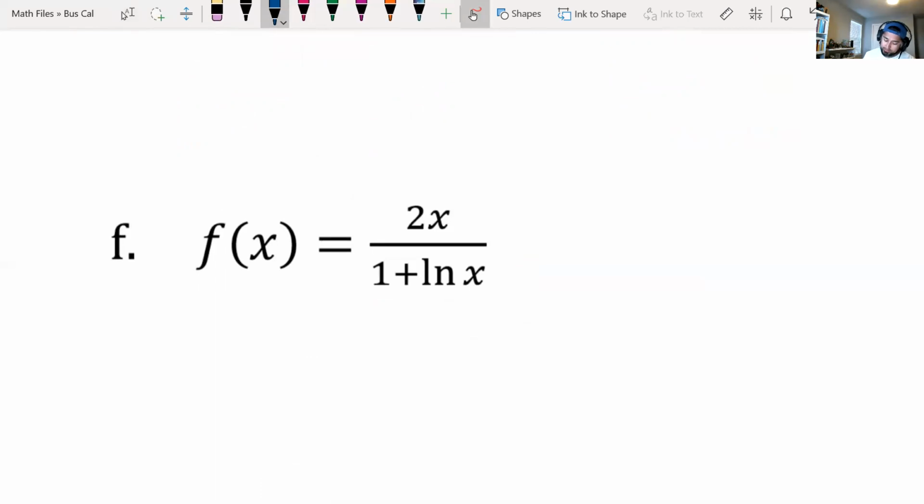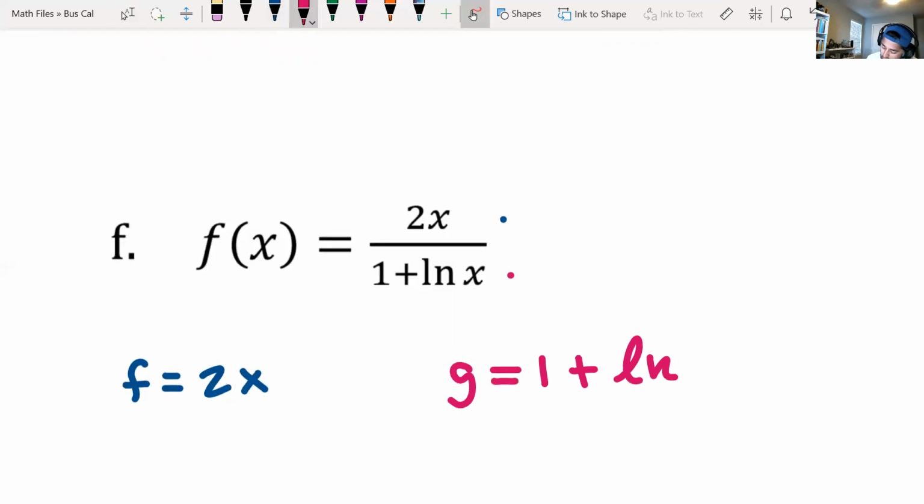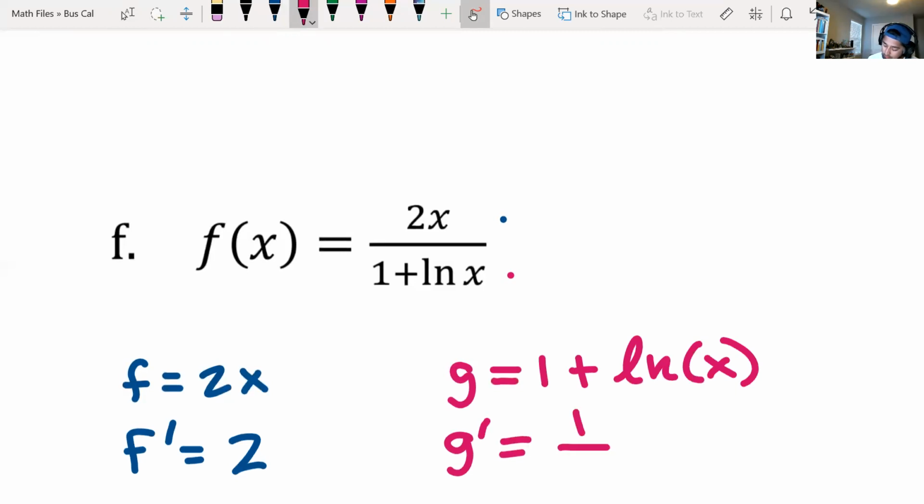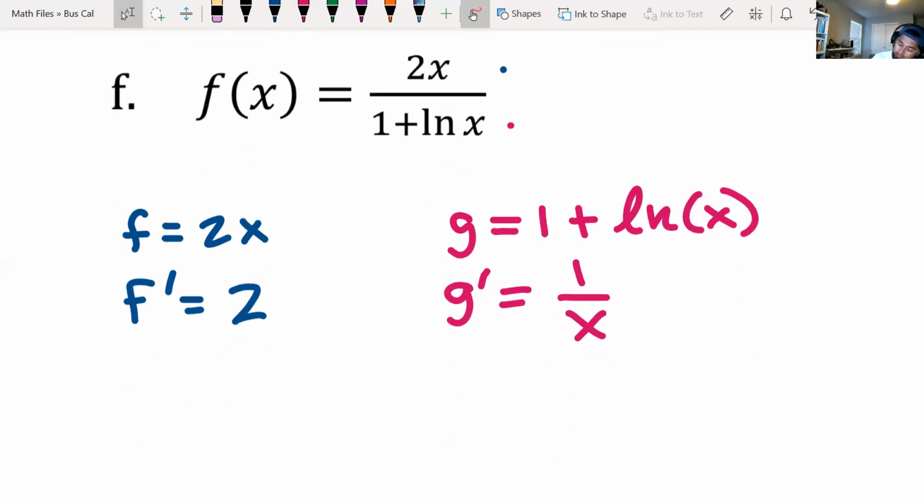Okay. 2x over 1 plus the natural log of x, numerator's f, denominator's g. F equals 2x, g equals 1 plus the natural log of x. F prime is 2. G prime is 1 over x. Follow the quotient rule.